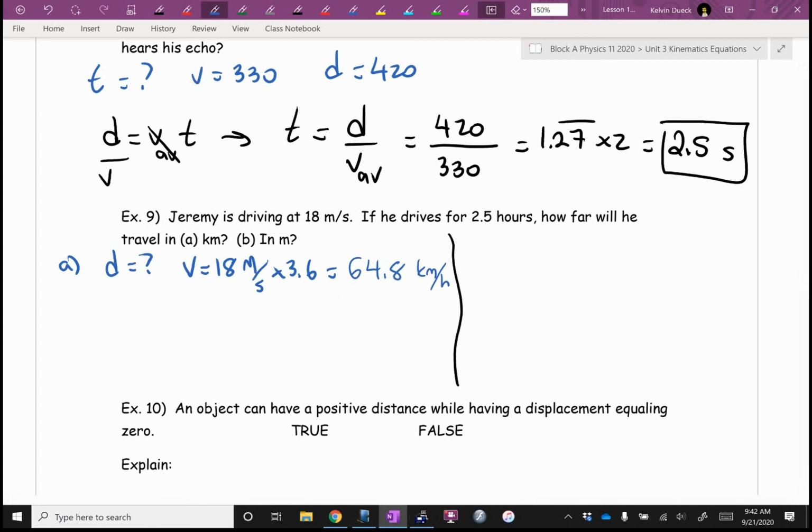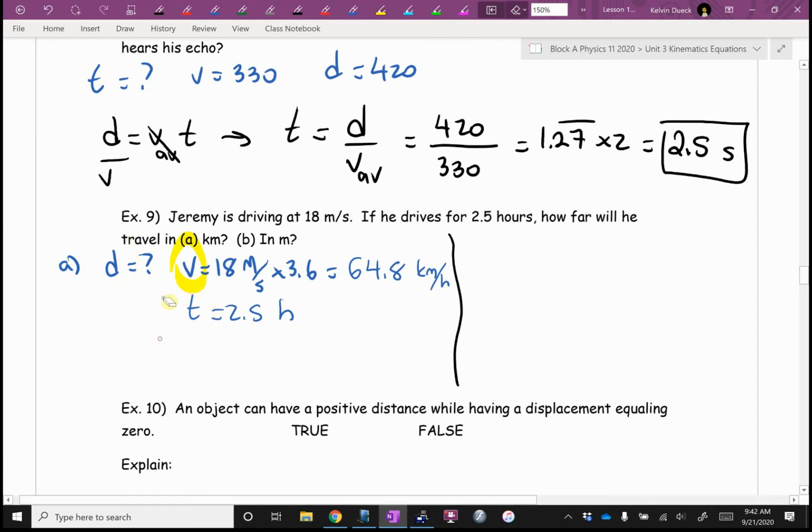What's that 2.5? How do you know? I'm looking for an equation that has D, V, and T in it. Right now, you really only have one equation, but by the end of this week, you'll have 4 to pick from, and it'll be a little trickier, and we'll build on it.